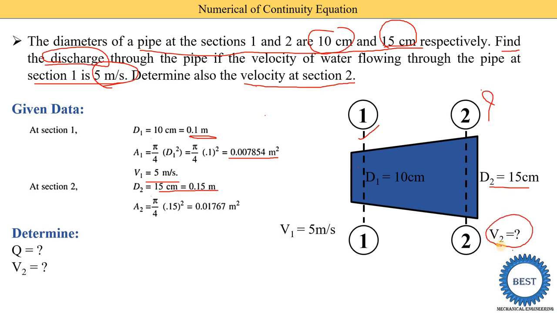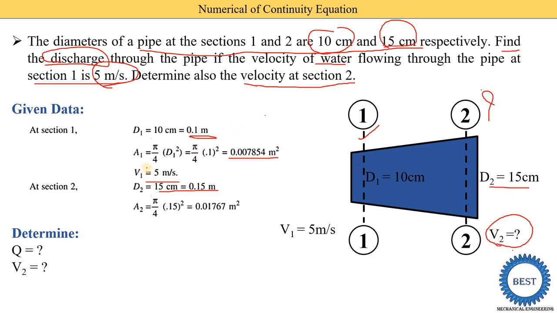So here we are solving this numerical of continuity equation. So what is continuity equation? Continuity equation is rho 1 into A1 into V1 is equal to rho 2 into A2 into V2. But here the water is given, means the density of the water is the same at section 1 as well as section 2. So the continuity equation is A1 V1 is equal to A2 V2.